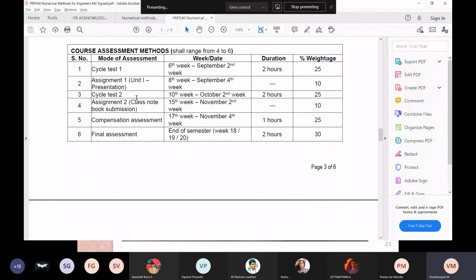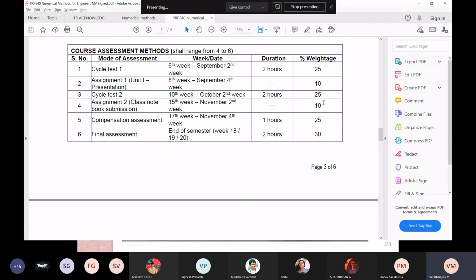And see, this is your assignment 2. Weightage is 10, and during the 15th week I had planned it earlier, but since you don't have your calculator, I'm a little worried whether you are copying down or simply attending the classes.